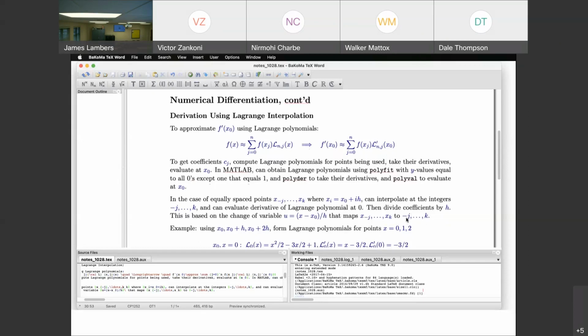And just like last time, we have negative and positive indices corresponding to points that are located either to the left or to the right of x naught. So now all you need to do is get the Lagrange polynomials not for these points, but for these integers. And then you just have to remember to divide the coefficients by your spacing h. And that's because of this formula. The change of variable, if you notice, has a scaling factor of 1 over h, so we have to include that.